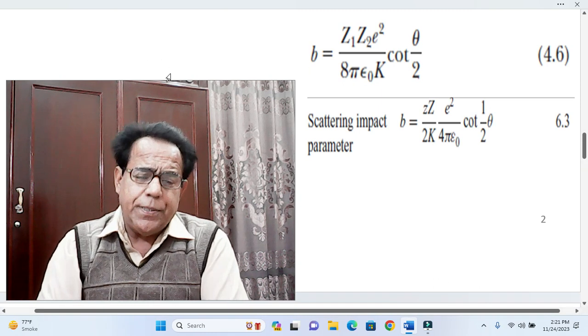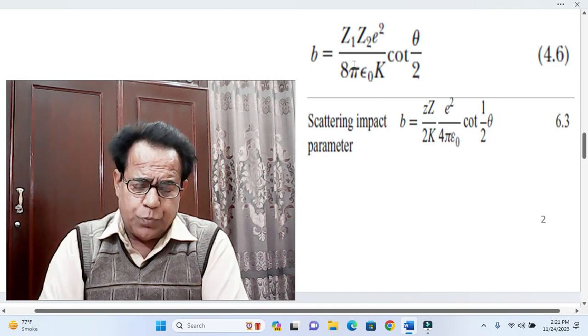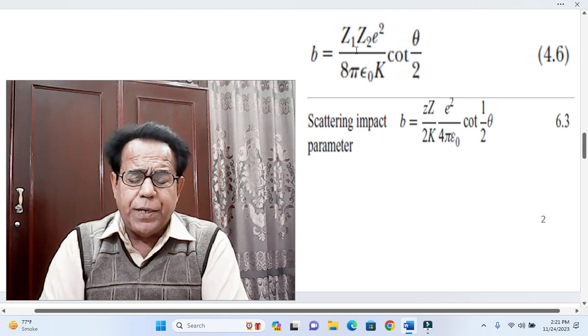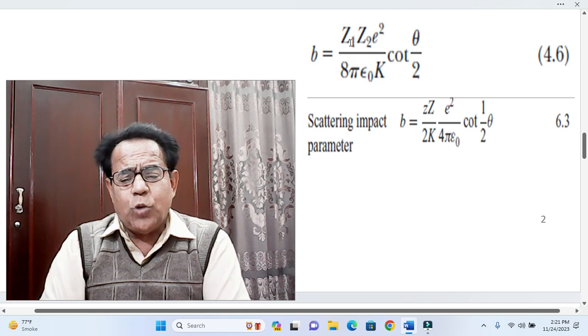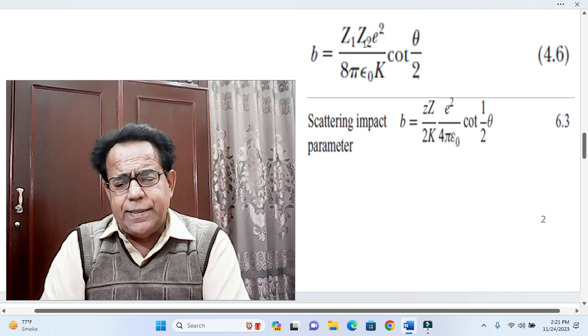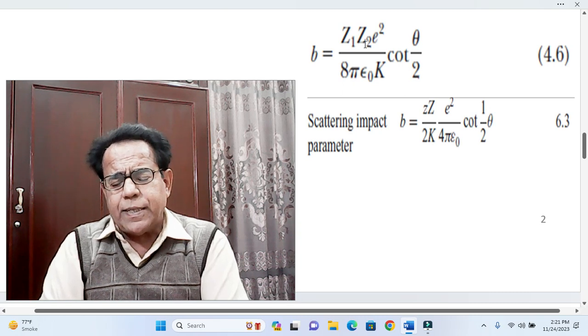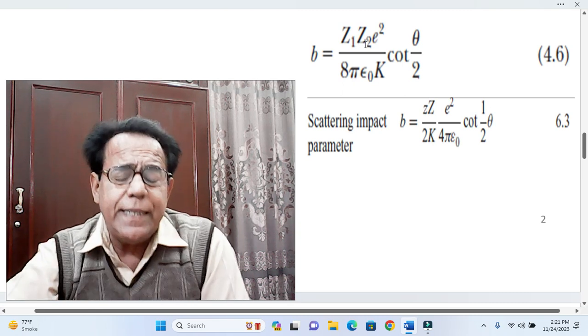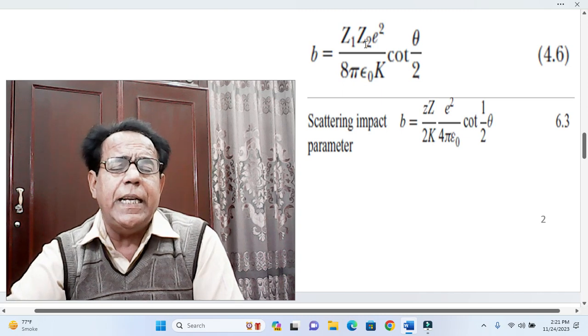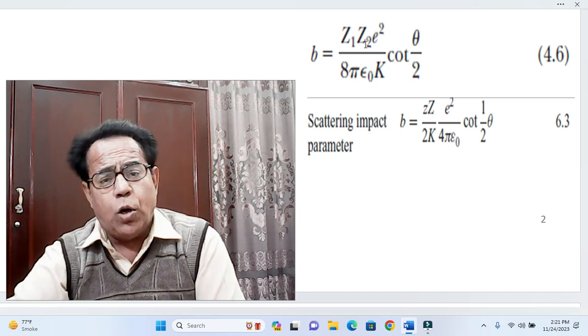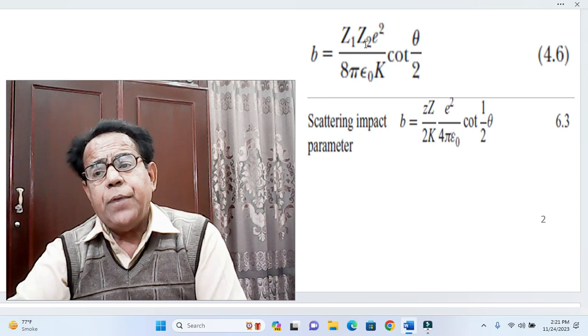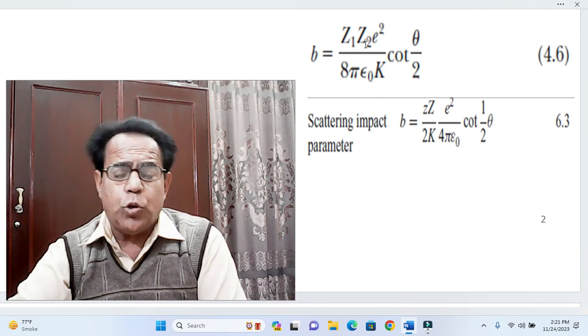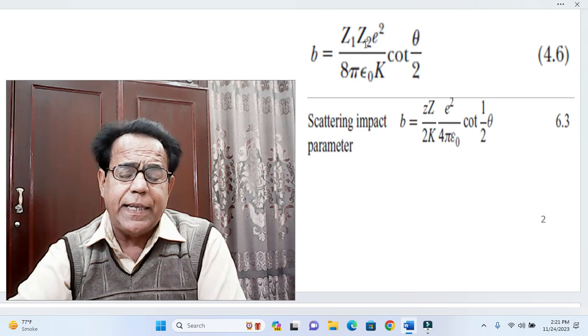Here, dear students, Z1 is the atomic number of one element, while Z2 is of the other. Here we are taking into consideration helium, the alpha particle, and gold. One of these has 2 protons and the other has 79 protons.